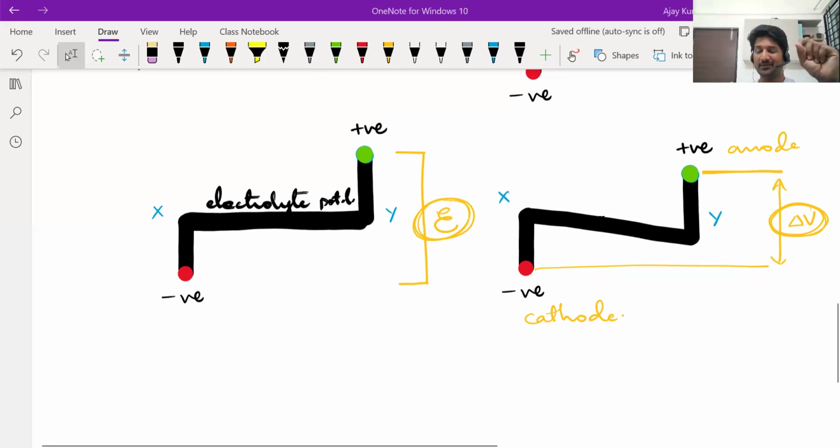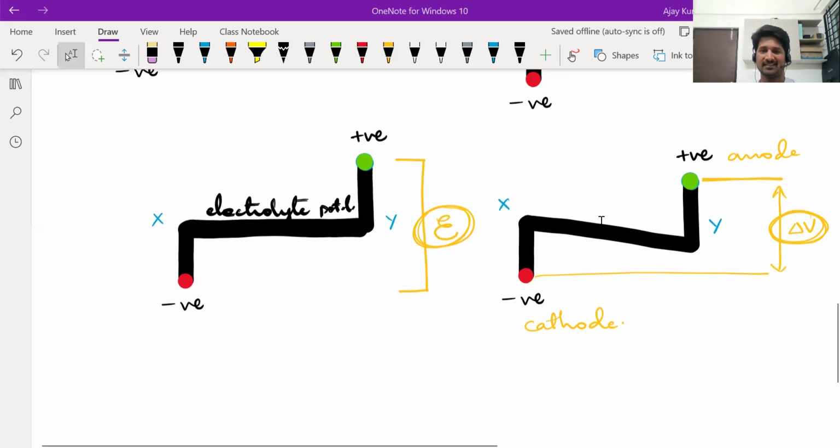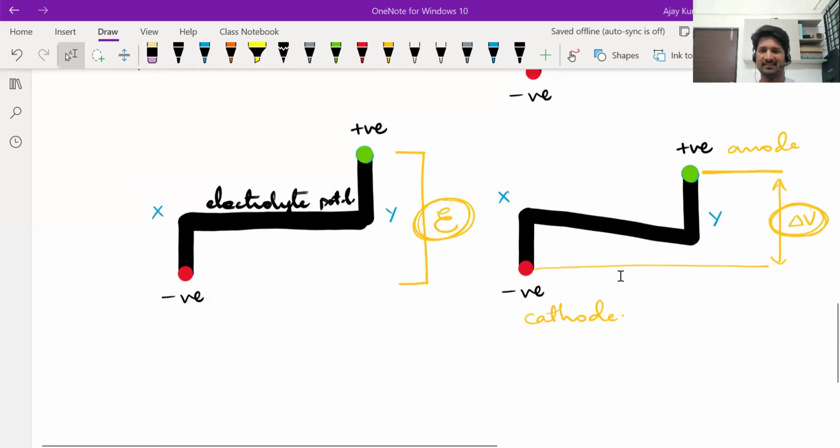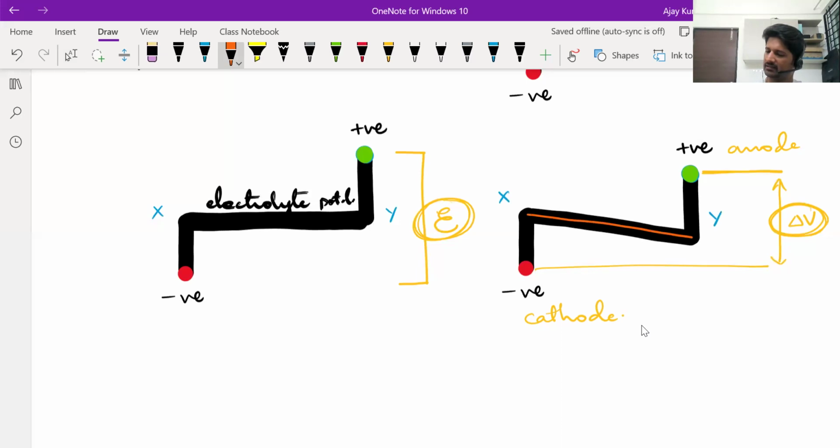Fine. By what amount is it less? Like this fall in potential across the electrolyte, how much was that? What was the potential difference across the ends of the electrolyte? I into small r.